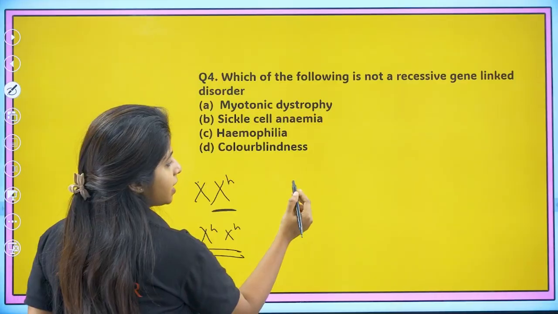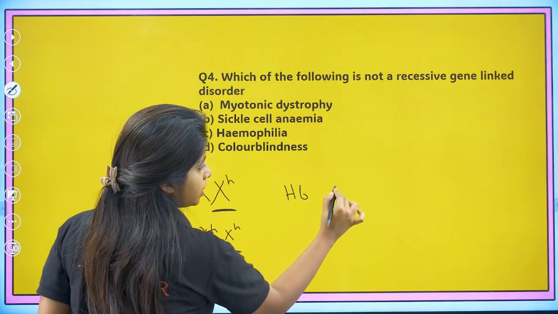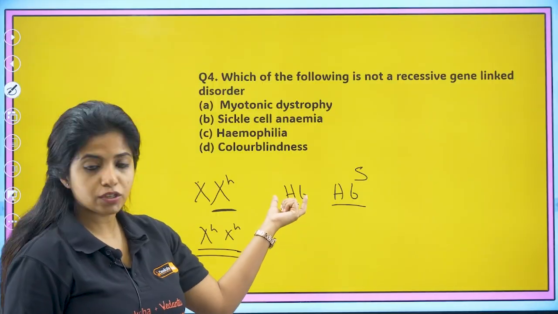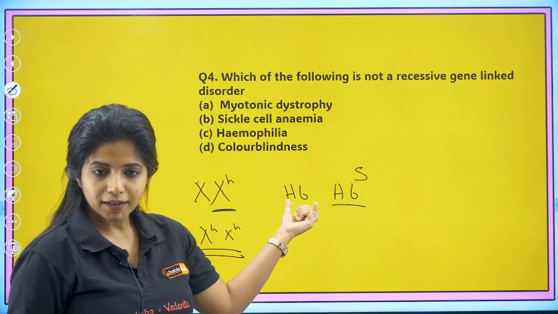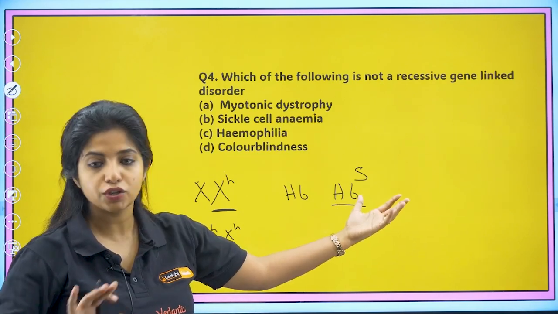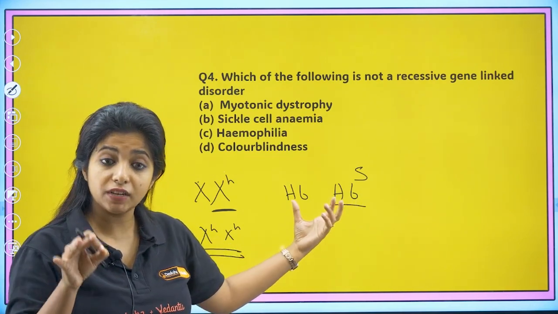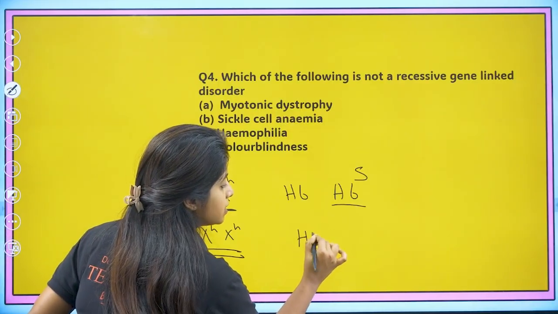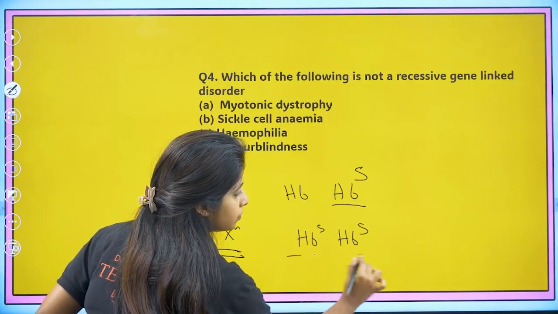Or if it is not XX, let it be something else, for example HBS. This is the one which is affected and this is the one which is not affected. Is this particular person going to show the disease? No. Why? Because recessive disorders can express only when both the alleles have this problem.